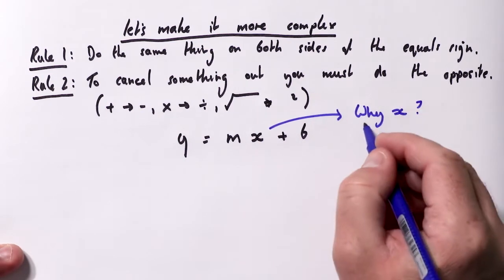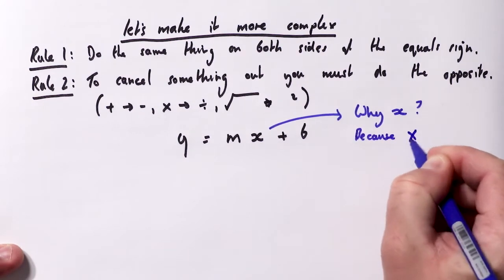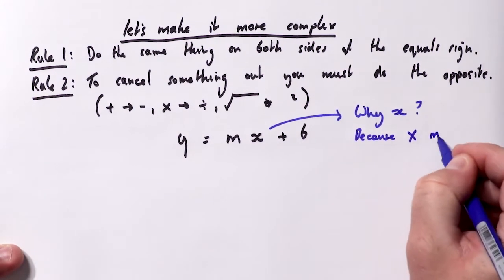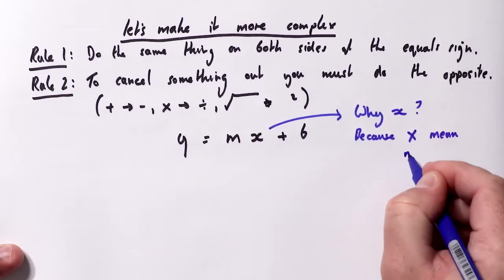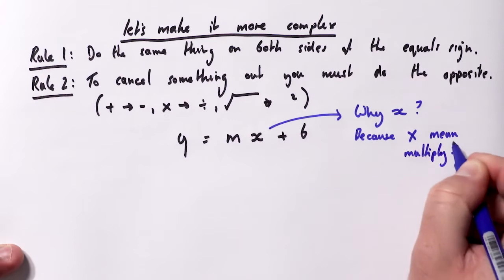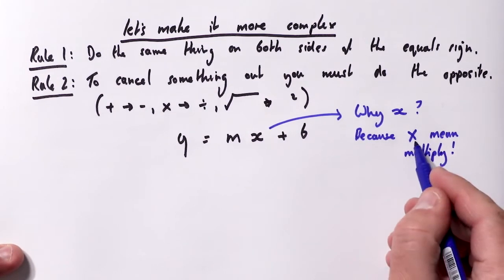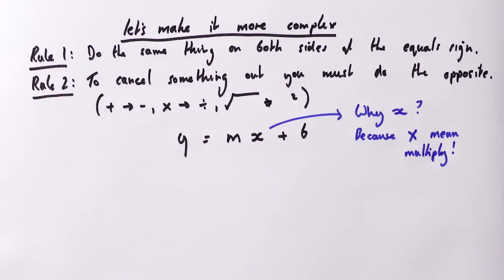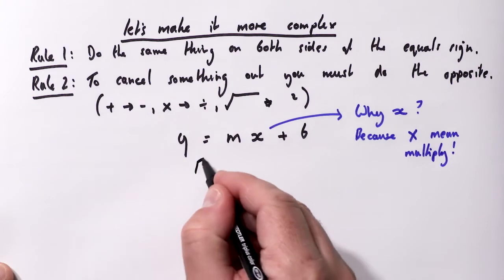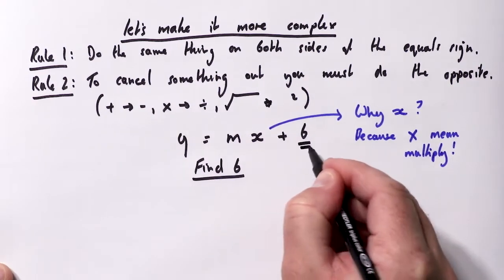And just to explain, it's because if I'd used that symbol, that means multiply. So that's why in an equation when we say x, we always use that symbol rather than a simple multiply symbol, just to let you know. So in this case, I'm going to ask you to find b. We're going to find that one there.